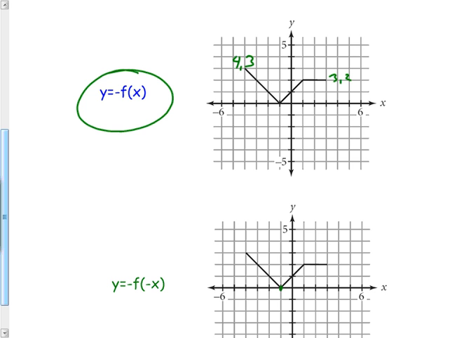This is the only spot that doesn't move. And this one, it goes down, and then it flattens out. And then this part is down to there. So there's my green one, my new graph that's been reflected up, down. Okay, that's all I got for you for today.